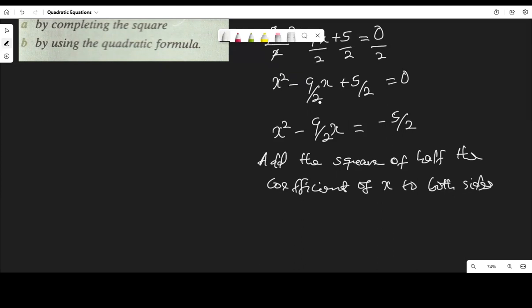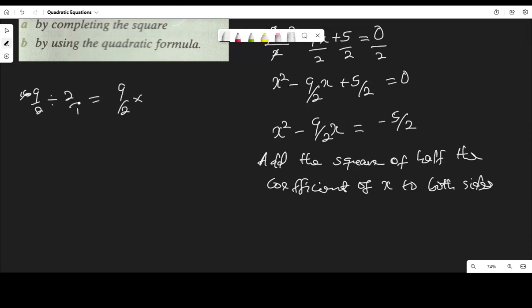x. In this case, the coefficient of x is negative 9 over 2. Half of that will be negative 9 over 2 divided by 2. And when dividing by a fraction, let me remove the negative sign first. When dividing by a fraction, we change the sign of division to multiplication.